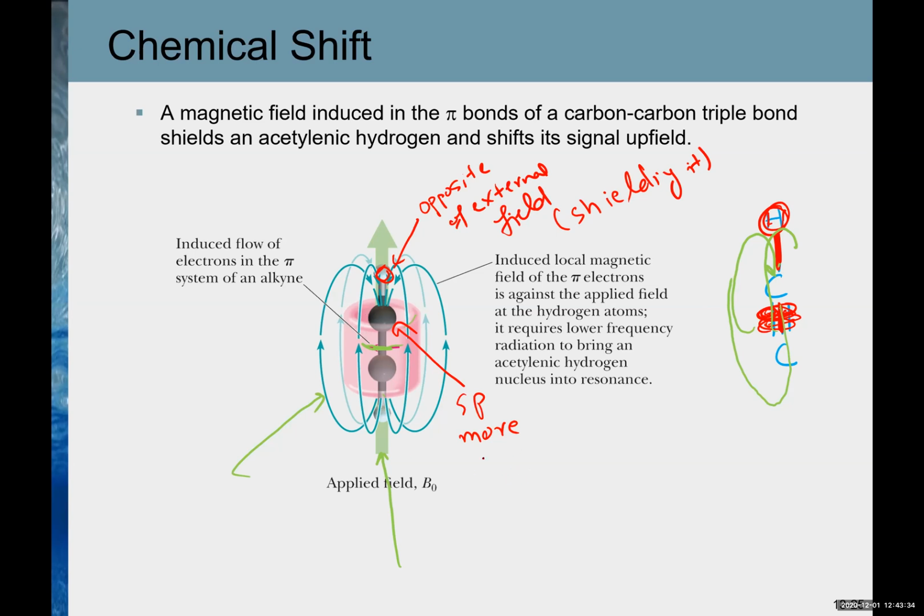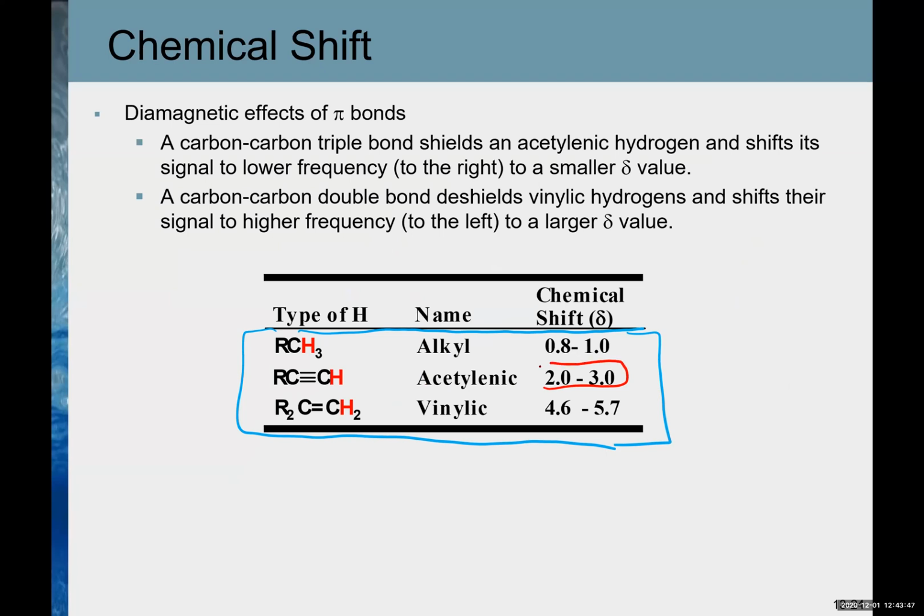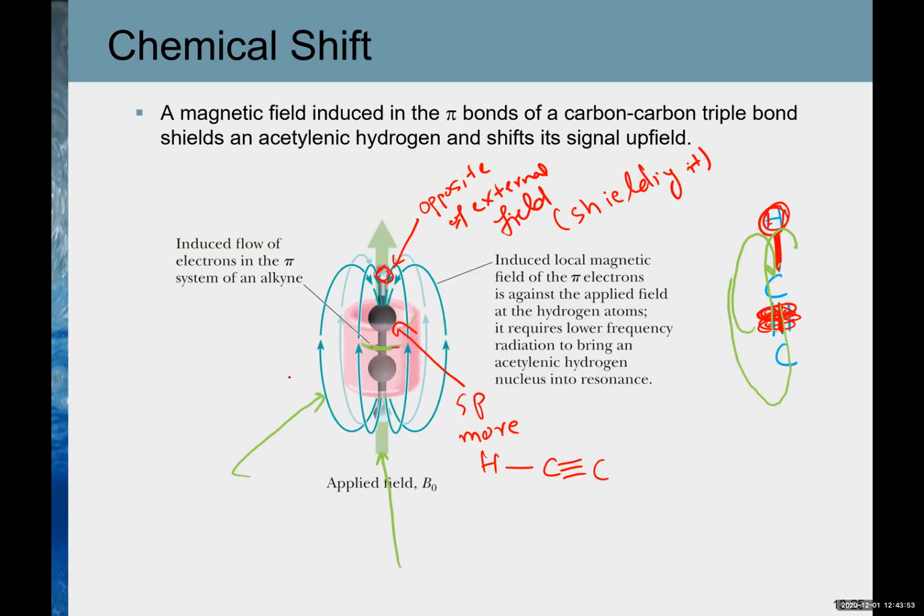That's why a proton connected to a triple bond does not go as far downfield as it was expected to. So that's why the shift is relatively high, between 2 to 3. A proton connected to a triple bond is shielded because of the ring currents of pi electrons. Okay, any question?